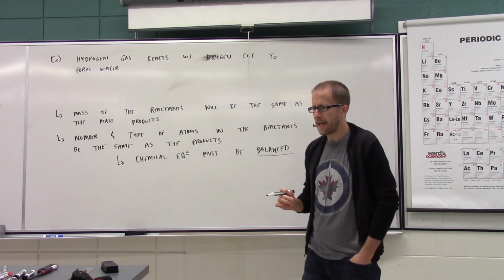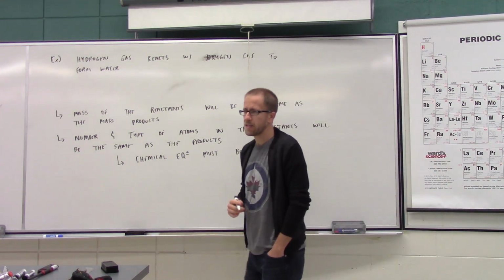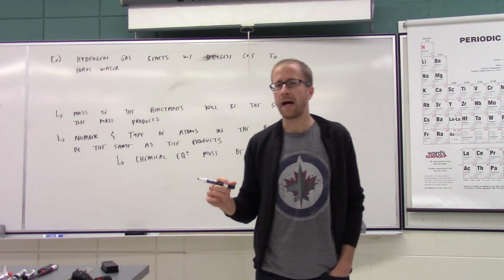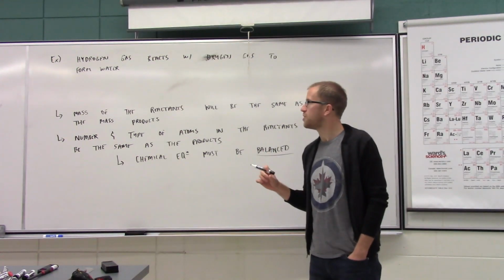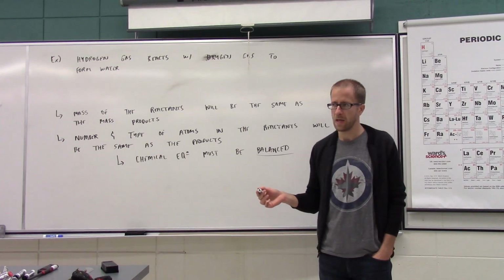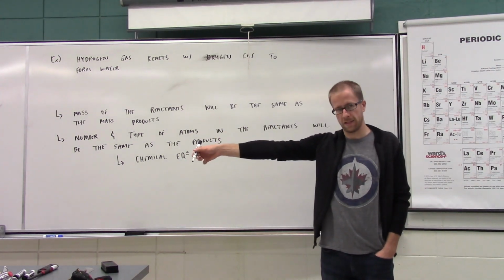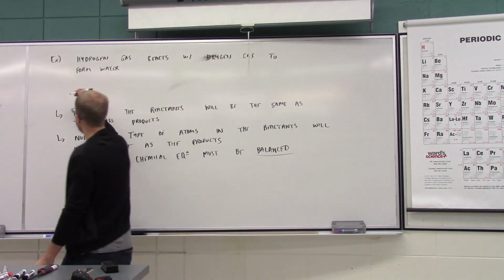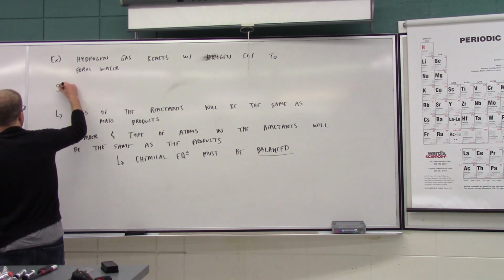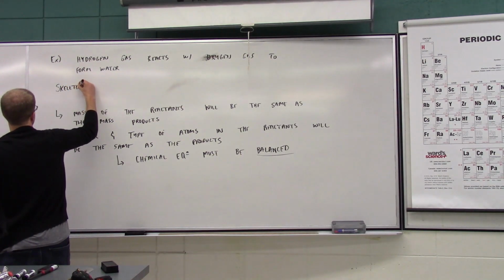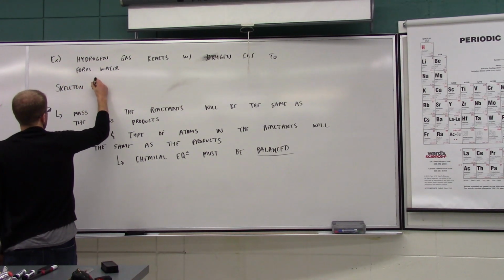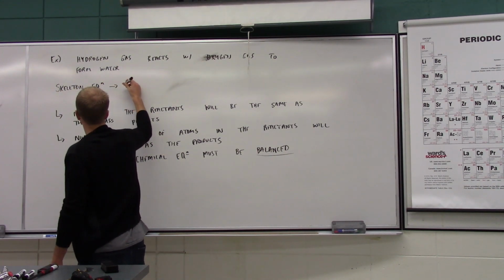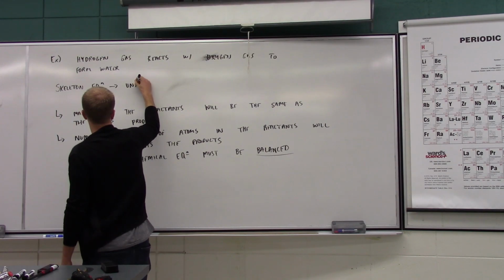Now, I kind of lied to you yesterday when I said that you're writing down your word equation and your chemical equation. Actually, what you wrote down was your skeleton equation, your unbalanced chemical equation. So, first up, I want you to write down your skeleton equation, which is really simply just your unbalanced chemical equation.